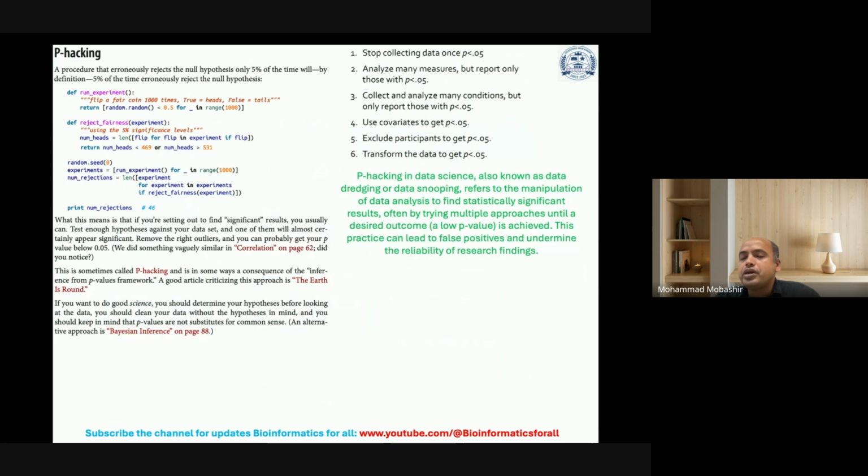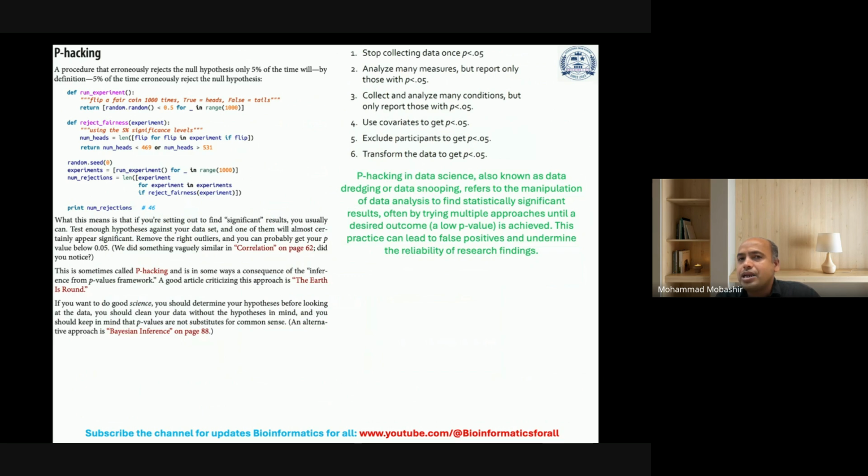So you need to always remember true positive, true negative, false positive, false negative. So you should always avoid the false positive things. There are certain steps, for example: stop collecting data once p has reached the limit of less than or equal to 0.05.